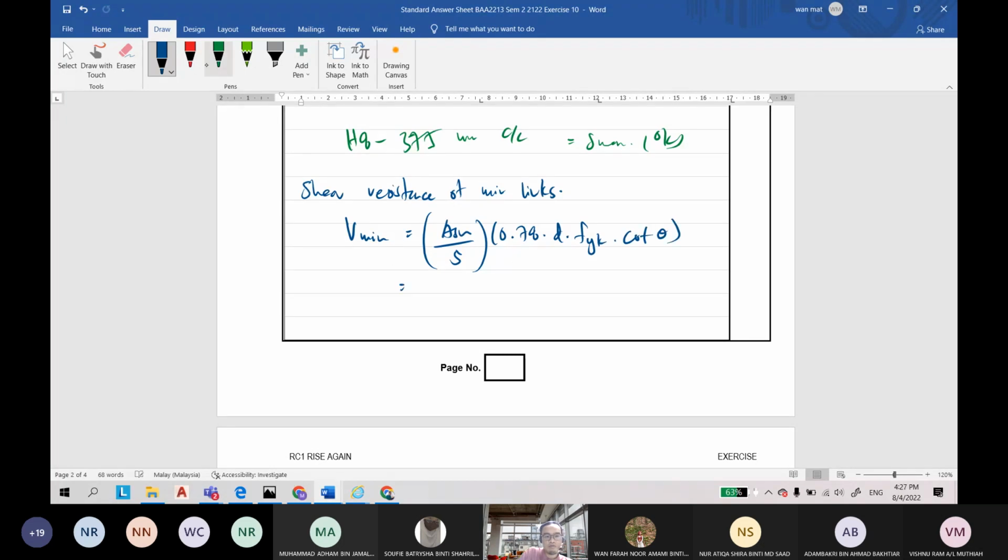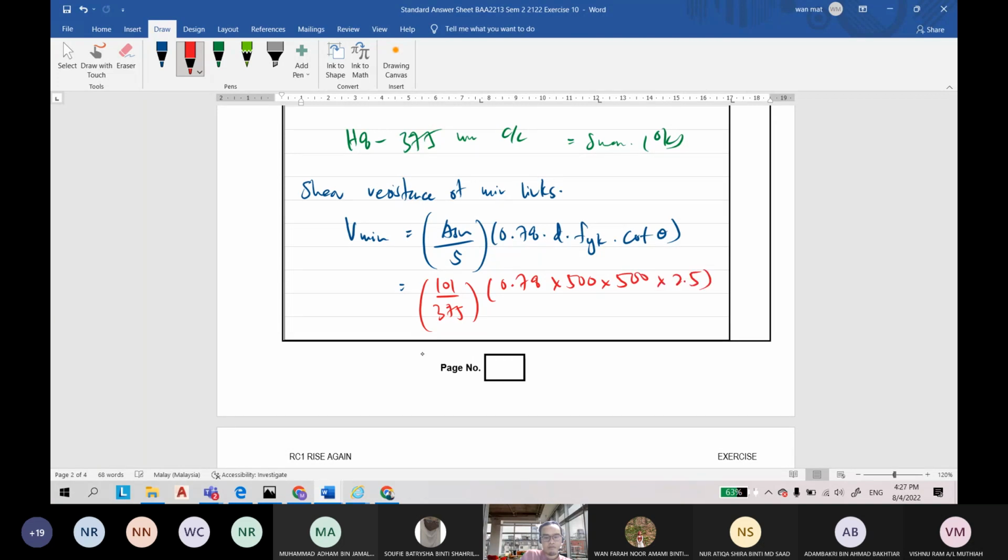So it's equal to 101 divided by 375 times 0.78 times 500, also 500 times 2.5.